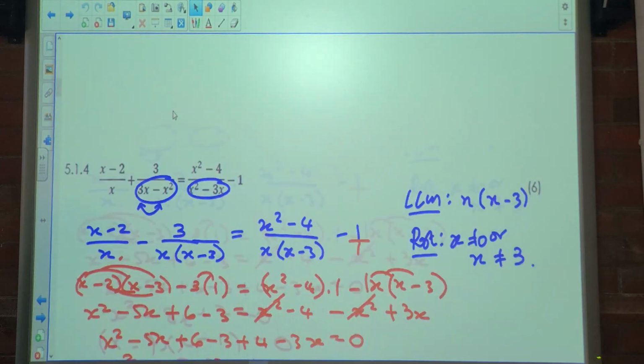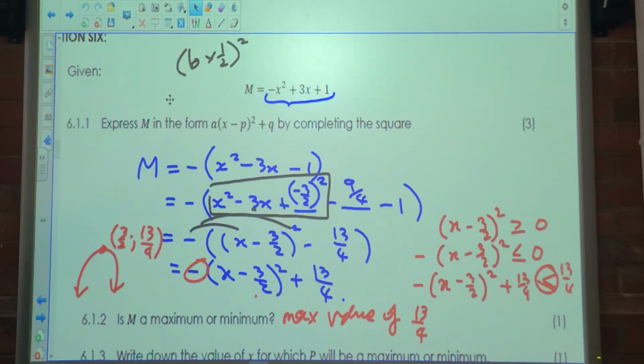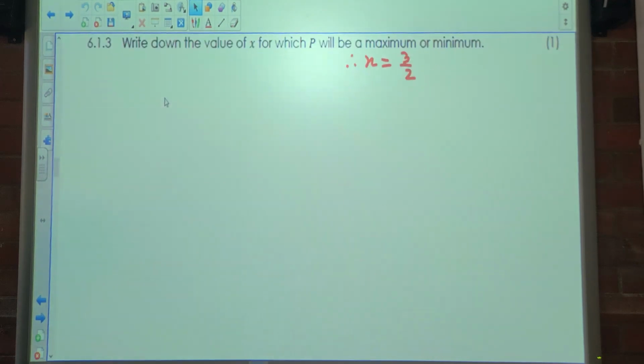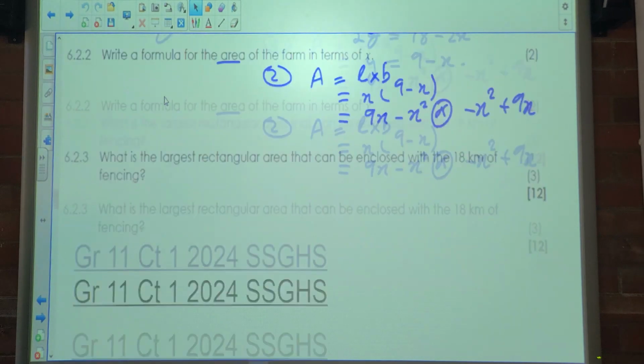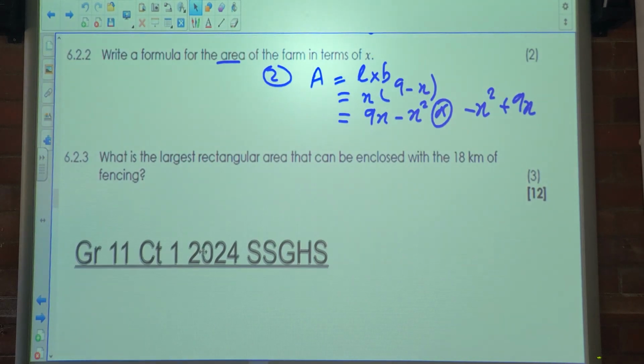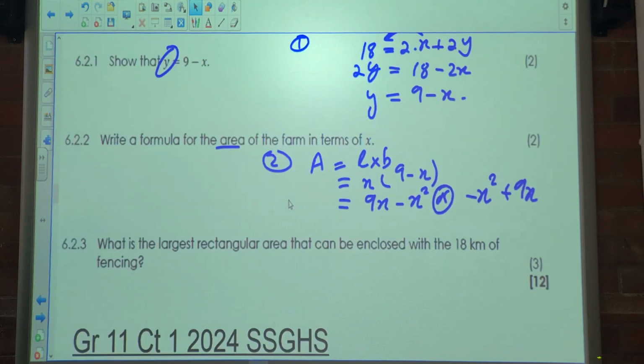So at this point we got up until question 6.7.6. There's a marker here. So the next question is, what is the largest rectangular area that can be enclosed with an 18-kilometer of fencing?